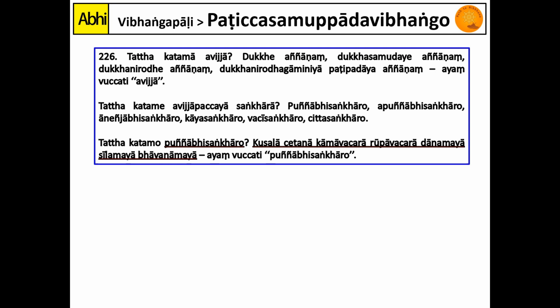Punyabhi sankhara are the punya, which are pin, which are merits. And then we looked at apunyabhi sankhara, immoral activities. And then aninjabhi sankhara, doing dhyana to get to arupavachara planes, right? And then kaya sankhara, vachi sankhara, mano sankhara, you understand now.